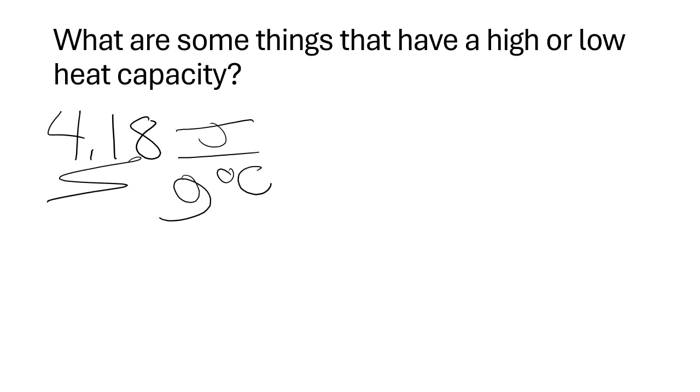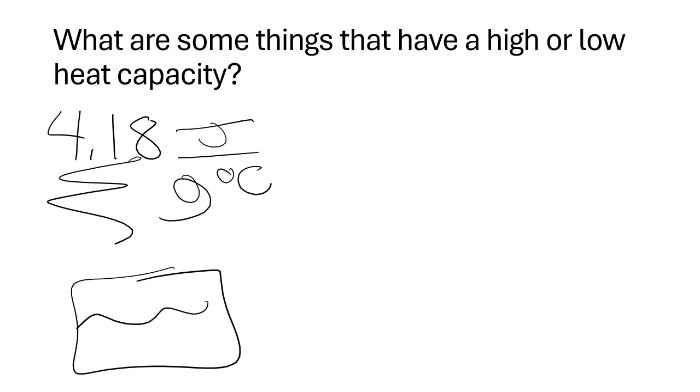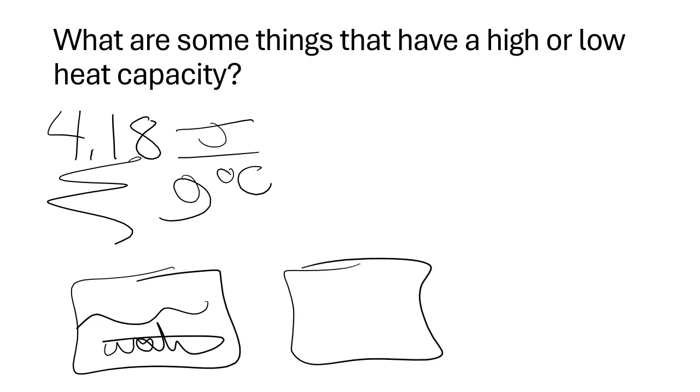That's really high, meaning if you have water out in the sun compared to, I don't know, a penny, and they're in a bucket or whatever, and the sun is shining down, the penny is going to feel way hotter. Or if you had an equal amount of grams of pennies to water, the penny is going to feel way hotter than the water because copper has a lower heat capacity.